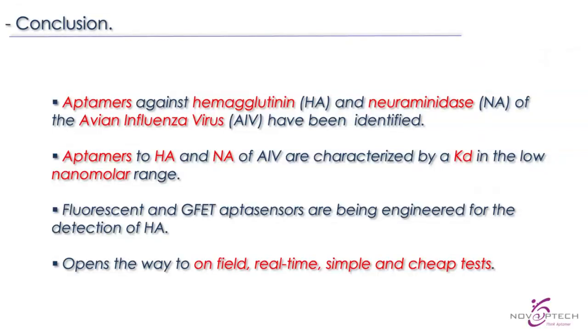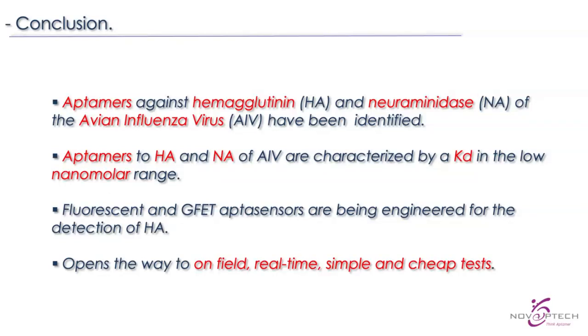We have different neuraminidases depending on the virus strain, and we can combine the detection of neuraminidase and hemagglutinin for the characterization of the avian influenza virus. These aptamers have very good binding properties. They display KD in the low nanomolar range.